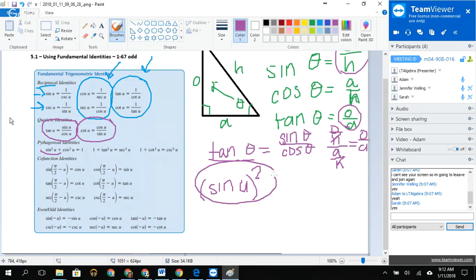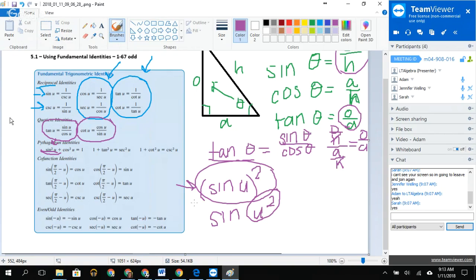We write it with the exponent next to the sine, because if you would just write the sine of u squared, then it implies that the exponent belongs to the u and not to the whole function. So this is just the mathematical way that you can write a trigonometric function squared.